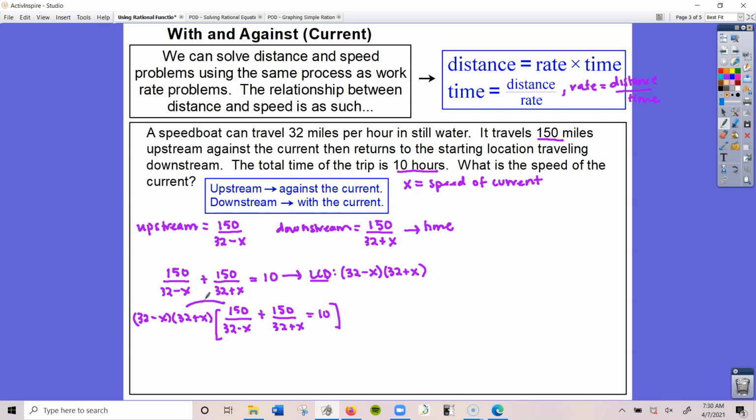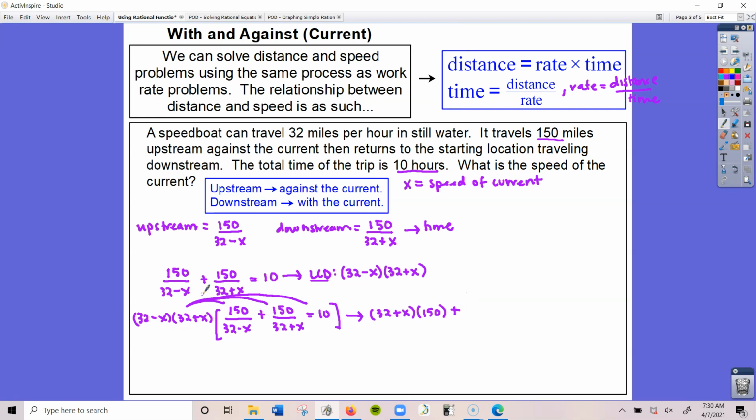And now we distribute. Now when we distribute this LCD to this first fraction, those 32 minus x's would end up canceling. So that means that the only thing we would multiply is the 32 plus x times the 150 plus.